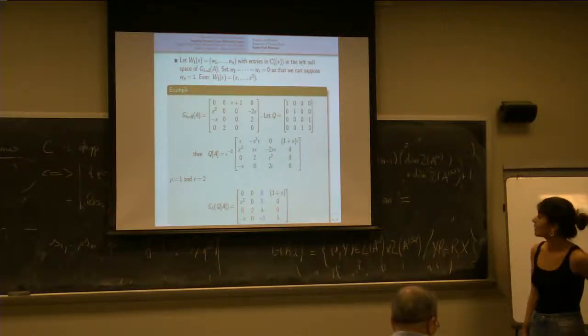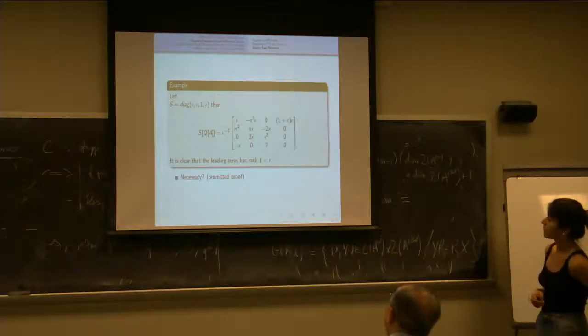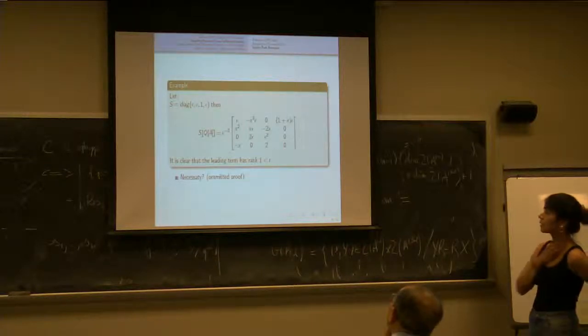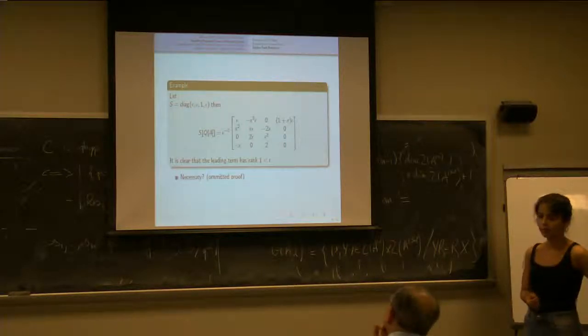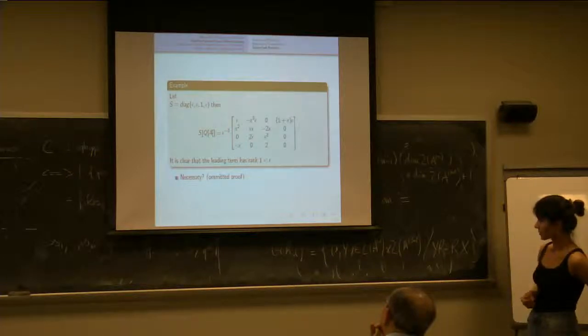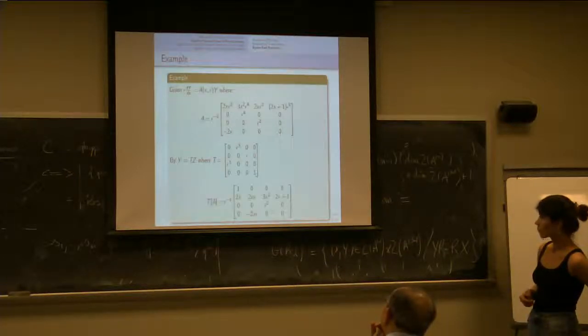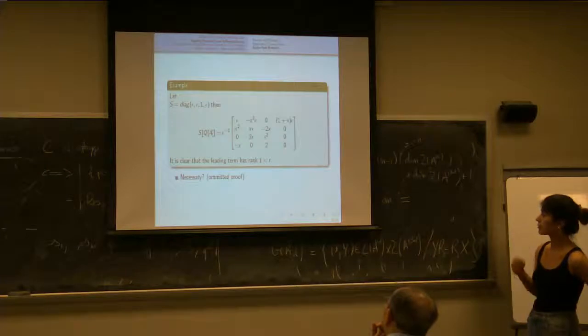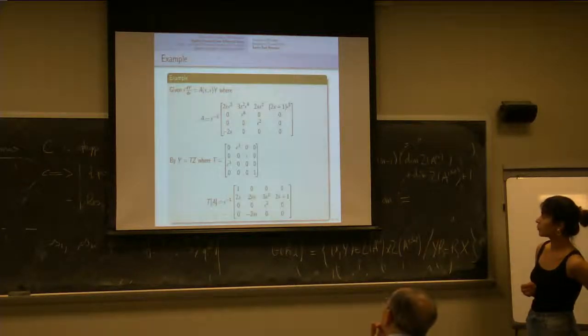By applying this shearing, we have this shifting, and we can arrive at the same result that we obtained in the non-perturbed case. As I said, for the necessity of the theorem, I omit the proof.